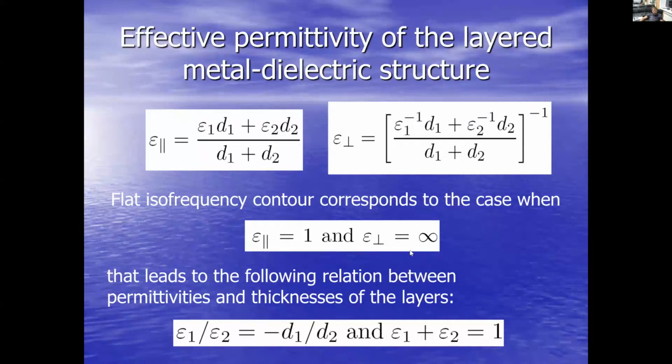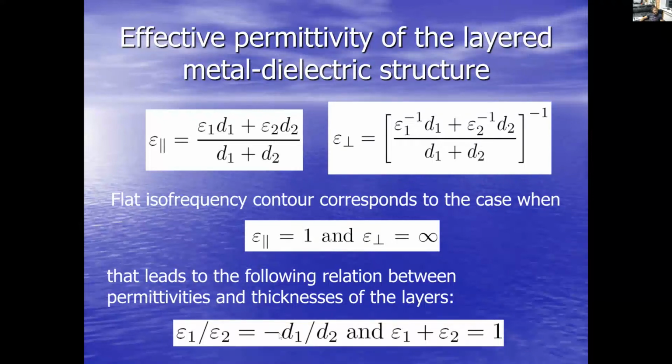We decided to solve an equation that epsilon parallel is equal to 1 and epsilon perpendicular is equal to infinity. If you solve this, you get relations for the epsilons and thicknesses of the layers.